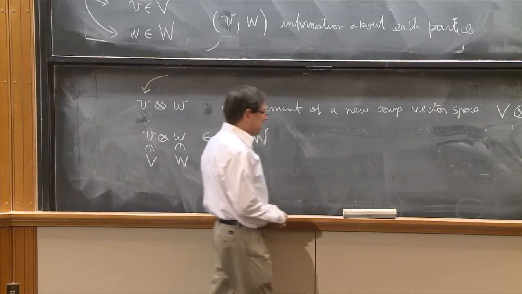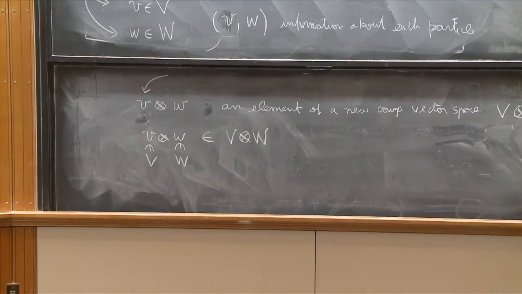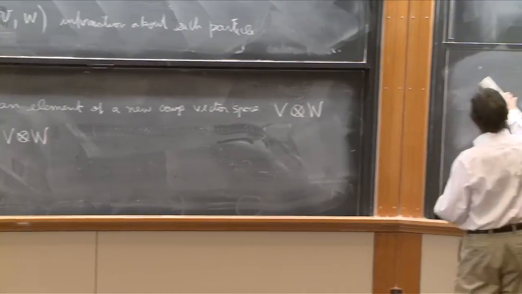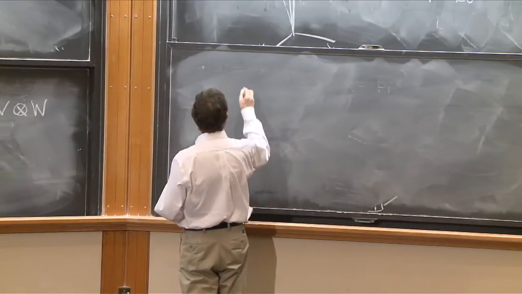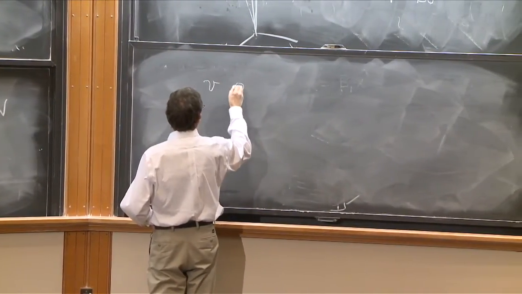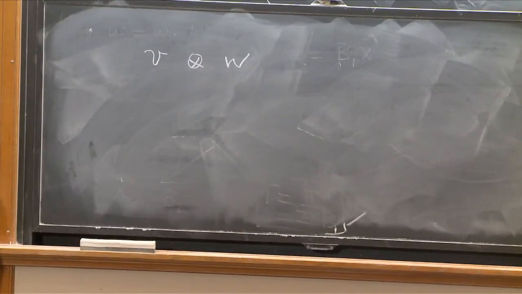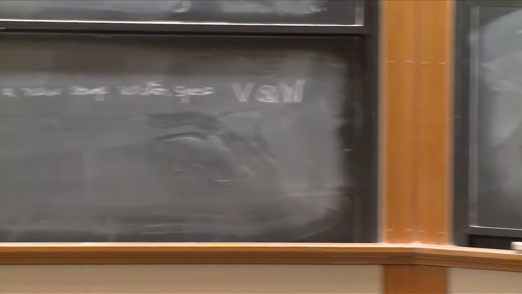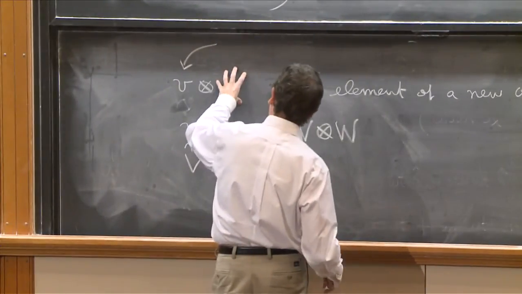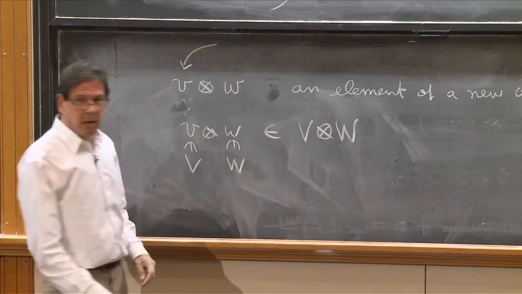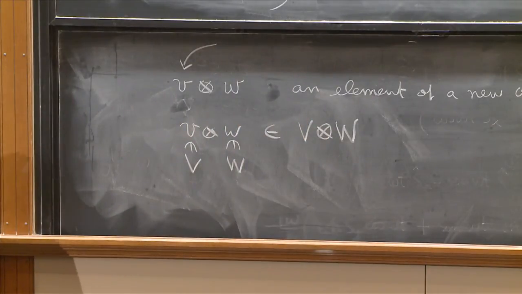Okay. At this moment, this is a little funny, but let me ask you some things about it. We have v tensor w. So this is an element of that space. I put a vector of the first vector space here, and I put a vector of the second vector space, and this will be a vector here. I'm not saying it's the most general vector there or how we operate with them, but it's a vector there.